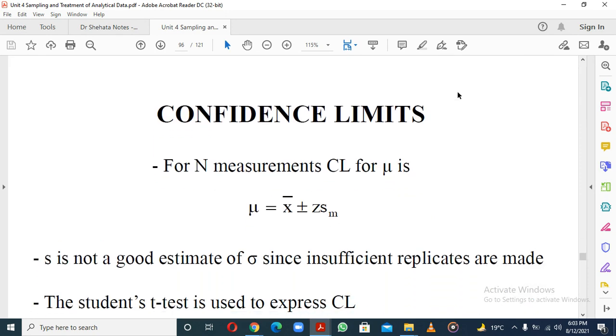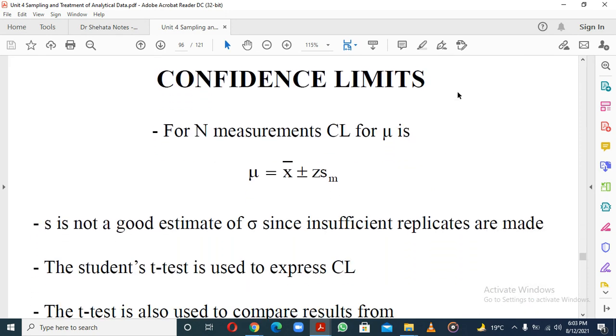So what then happens for the confidence limit, if we are looking at n measurements, meaning a particular number of measurements. Like the example we've been using for a long time now about the copper ore. If we are trying to assess the amount of copper in the copper ore, and we've got 6 replicate samples, that means our n is going to be 6, because that's the number of measurements.